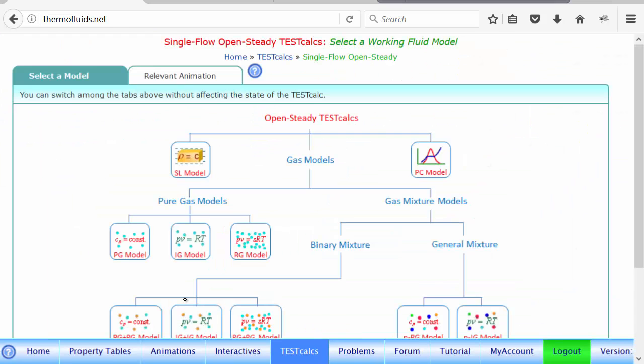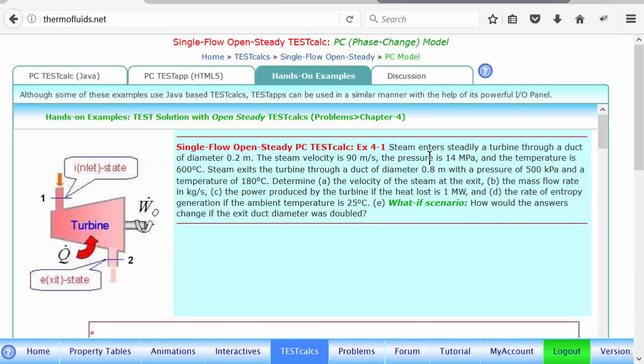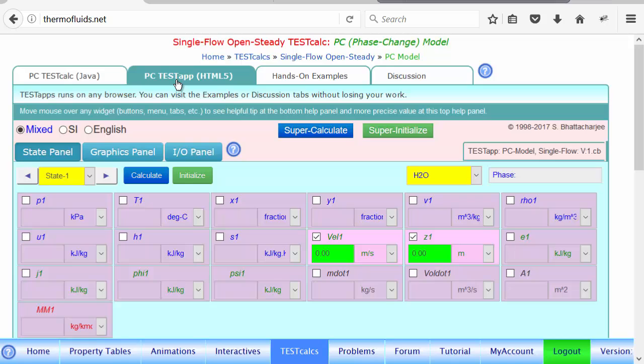There's only one flow passing through the turbine, and we launch the PC model right here. Let's evaluate states. Mass flow rate is given. State 1 is the inlet state, 5 kg per second. Pressure is given as 6 MPa, and temperature is given as 500 degrees Celsius.